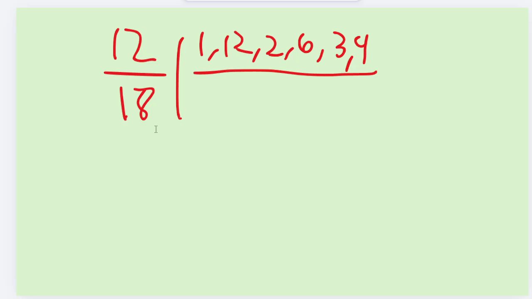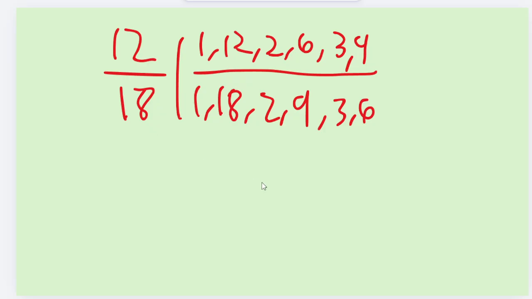Okay, let's do the same thing for 18. Here we can see that in 18, we're going to have 1 and 18, 2 times 9, and 3 times 6. I'll give you guys a minute to process that and to look for the GCF between them.